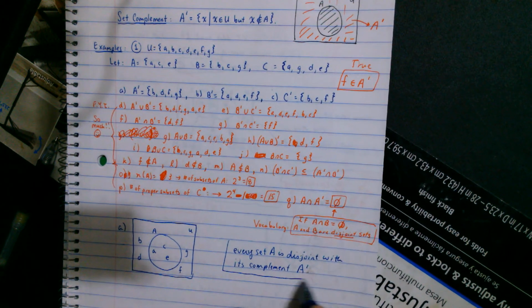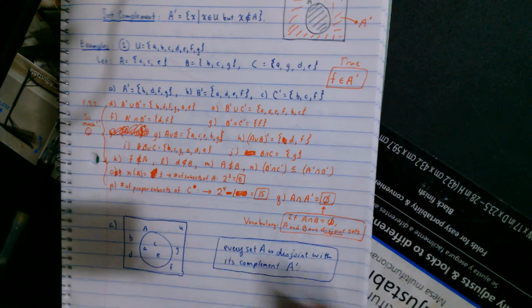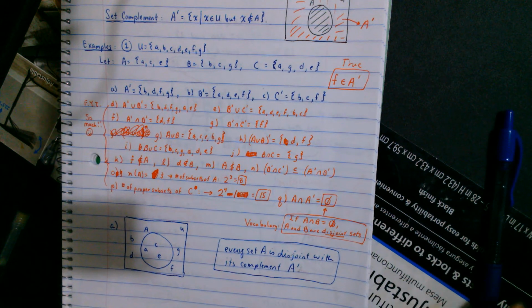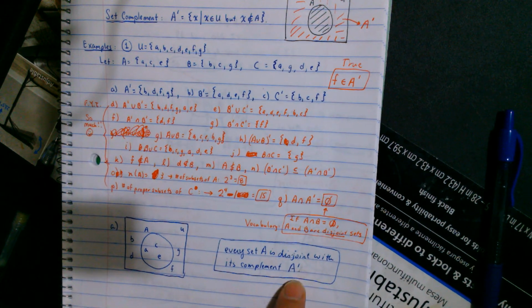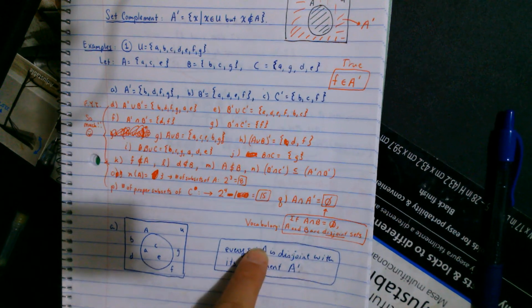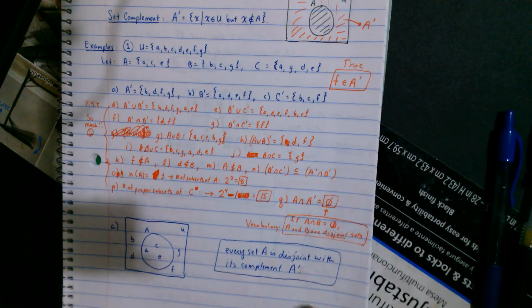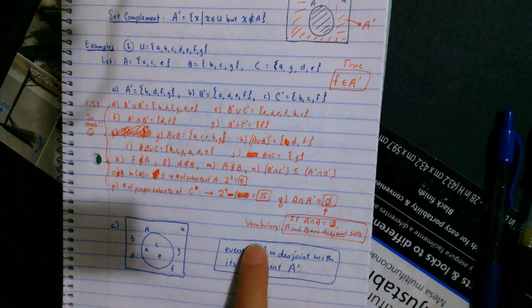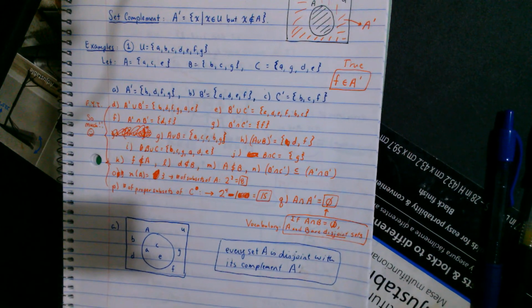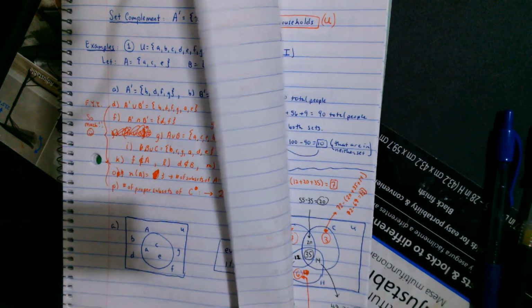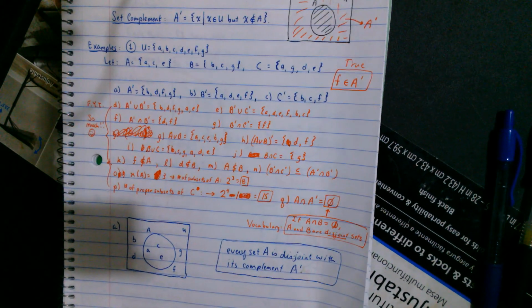Every set, when I intersect it with its complement, will always be the empty set. They'll never have anything in common because the complement is everything that A doesn't have. It's everything else. And A is the complement of the complement. So the complement is kind of like the opposite. That's kind of how it works. So that essentially will put us through 8.1.